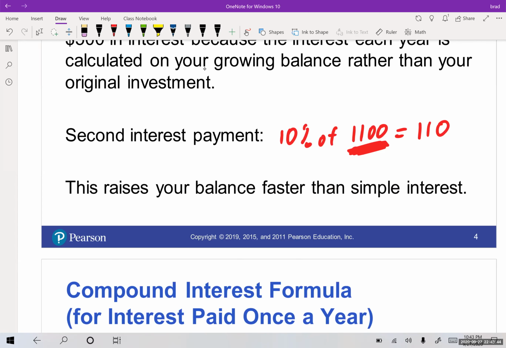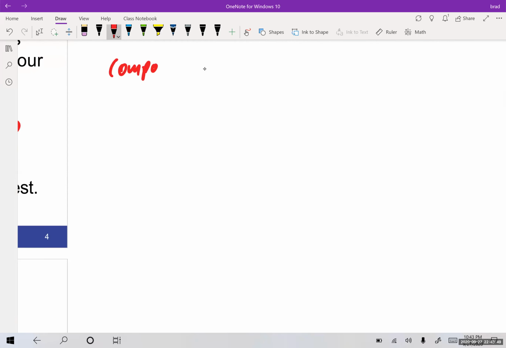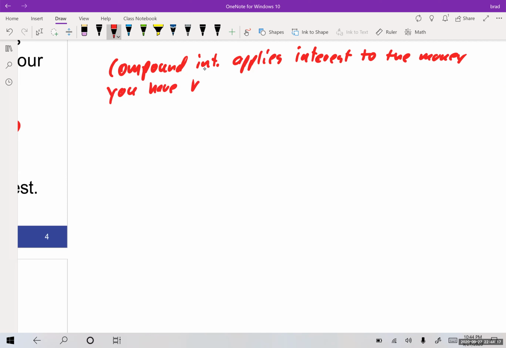So a good way to think about it is that compound interest applies interest to the money you have borrowed or invested in.